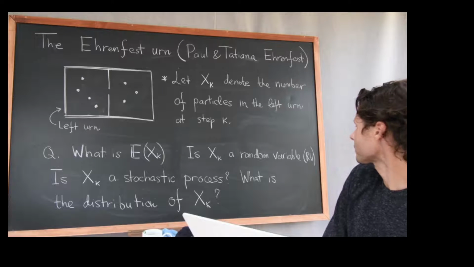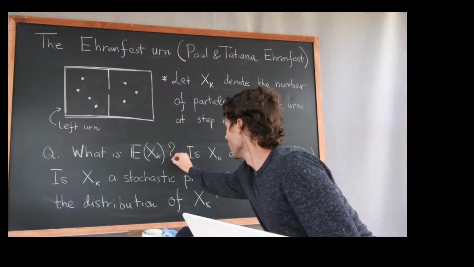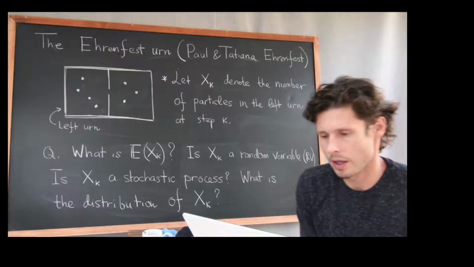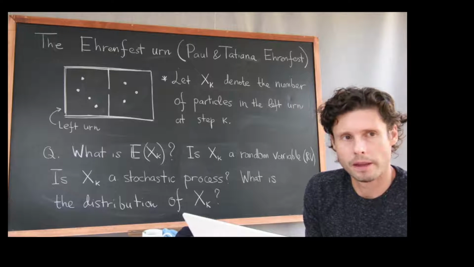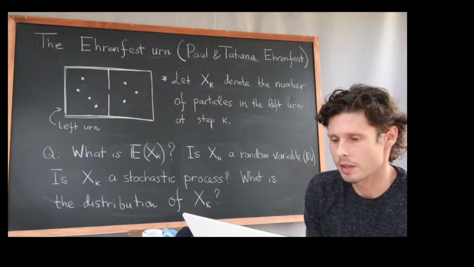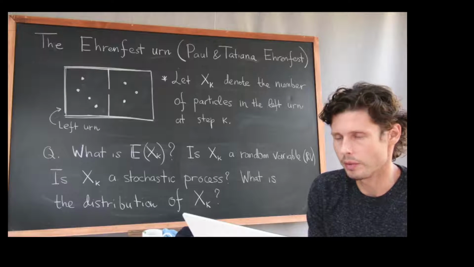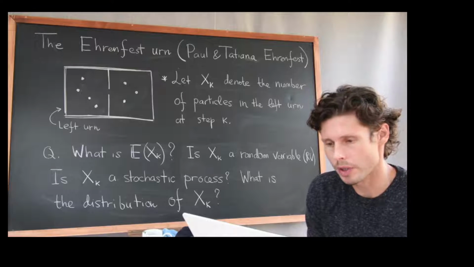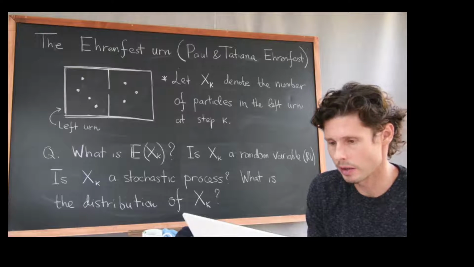And I guess I left out some question marks, but what is the expectation of xk? That is a really common calculation, and this doesn't need to have anything to do with this particular urn model. Xk could be the winnings of some gambling strategy, some kind of risk that you're calculating.